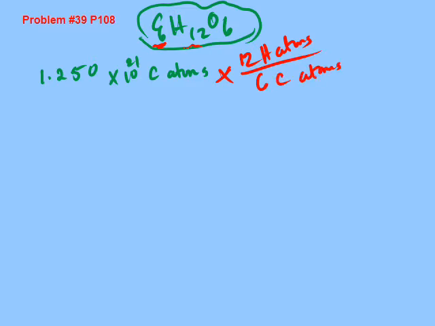Now we are going to cancel out carbon atoms. Basically you're multiplying by 2, which is 2.500 times 10 to the power 21, and the unit is H atoms. Okay, and that's part A.